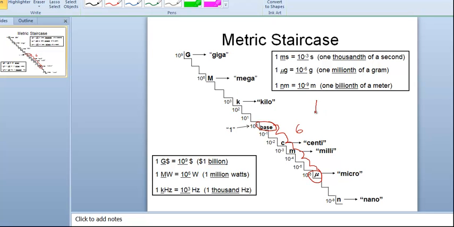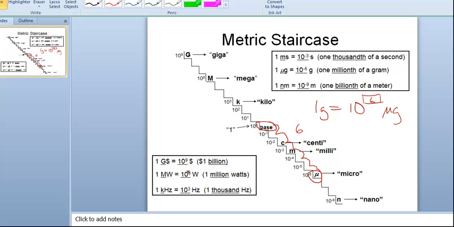So we'll start by saying 1 gram equals, and then it's going to be 10 to some power of micrograms. If we have to jump down to micro here, then that's what I put on the right side. And we said there's 6 steps, so that's 10 to the 6th power. And you guys know that 10 to the 6th power is 1 million.